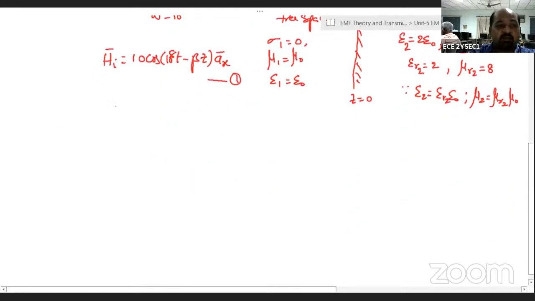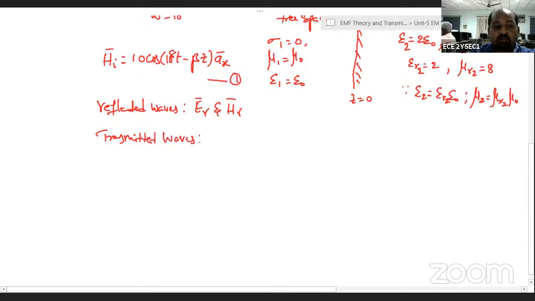What is meant by reflected waves? Reflected wave means E_R and H_R. Transmitted waves means E_T bar and H_T bar.